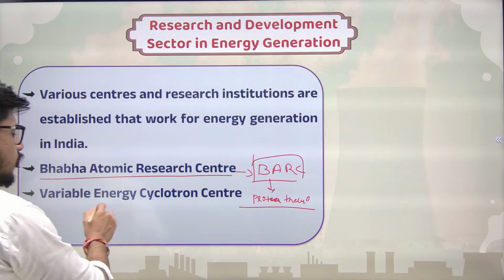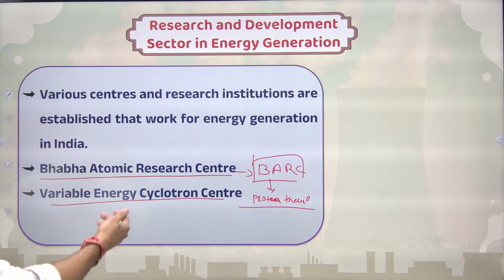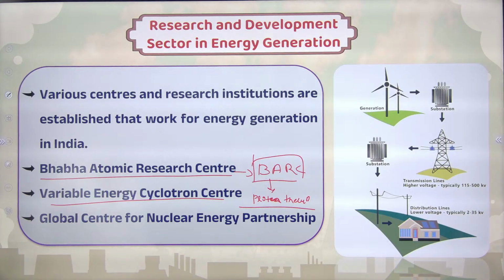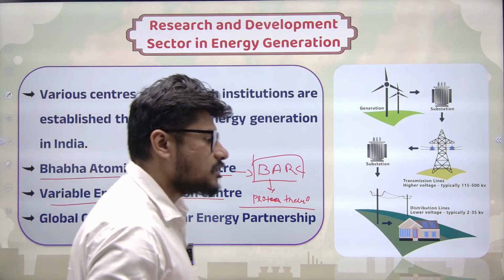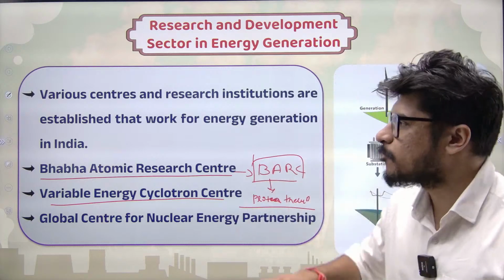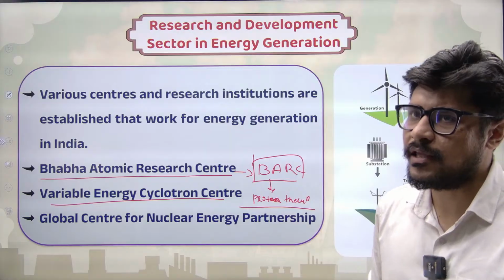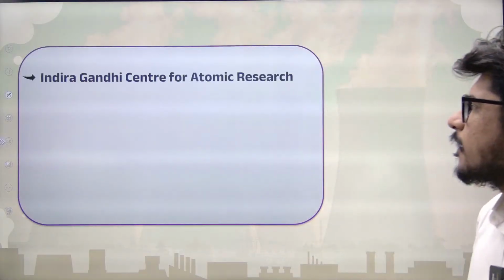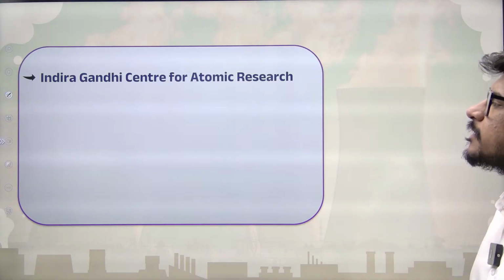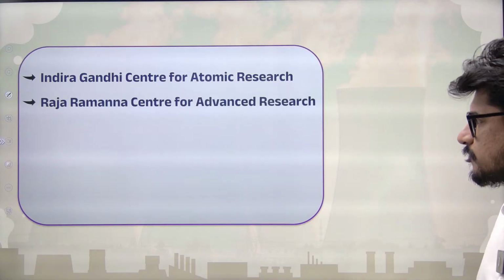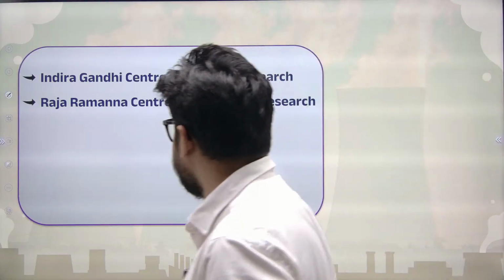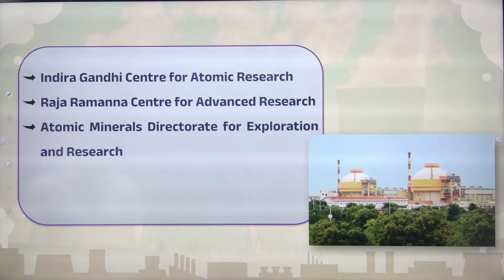Variable Energy Cyclotron Center, this is also for healthcare purposes. Global Center for Nuclear Energy Partnership. So these are the centers and research institutes which are right now working in the nuclear energy field. Again, the most important centers are Indira Gandhi Center for Atomic Research, Raja Ramanna Center for Advanced Technology, and Atomic Minerals Directorate for Exploration and Research.